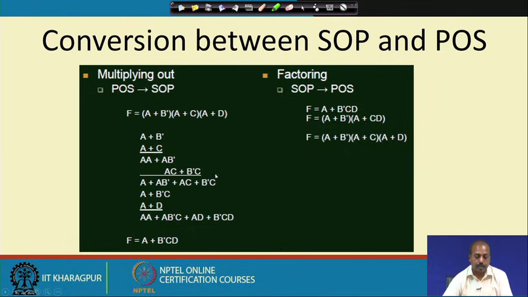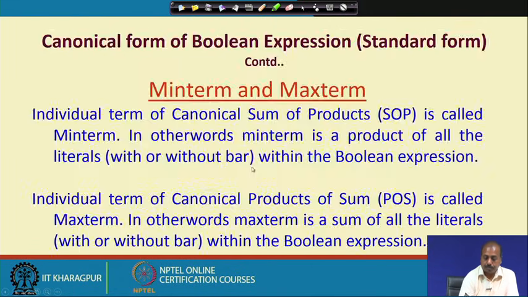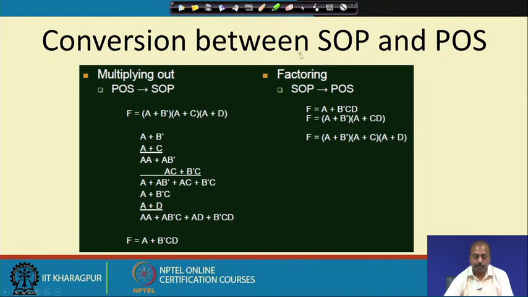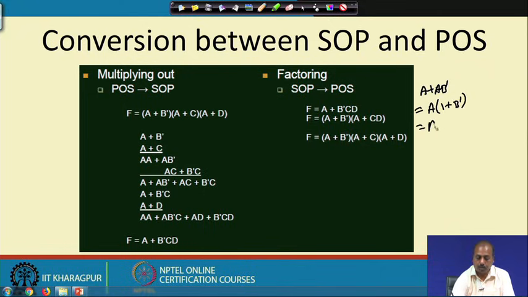This gives us a plus a b bar plus a c plus b bar c, and that is equivalent to a plus b bar c. Why? Say this one, a plus a b bar can be written as a into 1 plus b bar, that is equal to a.